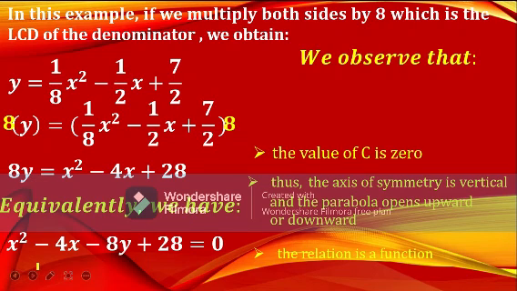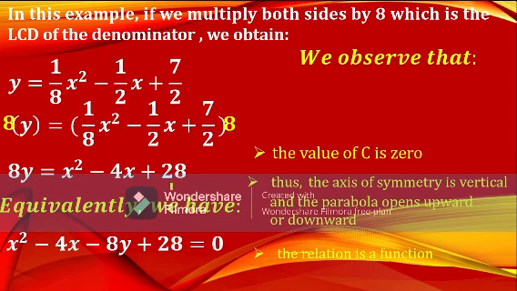Then we arrange it according to the general form. We have x squared minus 4x minus 8y plus 28 is equal to 0. Now, you've noticed that the value of C here is 0. C is supposed to be the numerical coefficient of y squared.